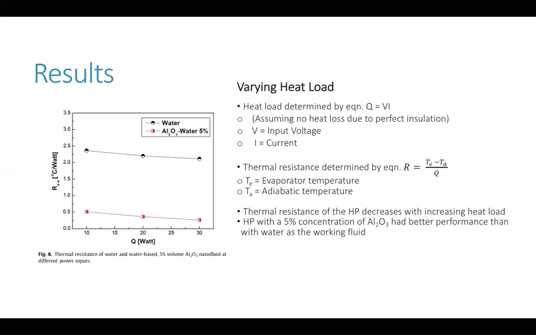And here, the thermal resistance is determined by the equation R equals (TE minus TA) over Q, where TE is the evaporator temperature and TA is the adiabatic temperature. From this plot, we can see that the thermal resistance of the heat pipe decreases with increasing heat load. And additionally, we can see that the heat pipe with a 5% concentration of aluminum oxide has a better performance than with water alone as a working fluid.